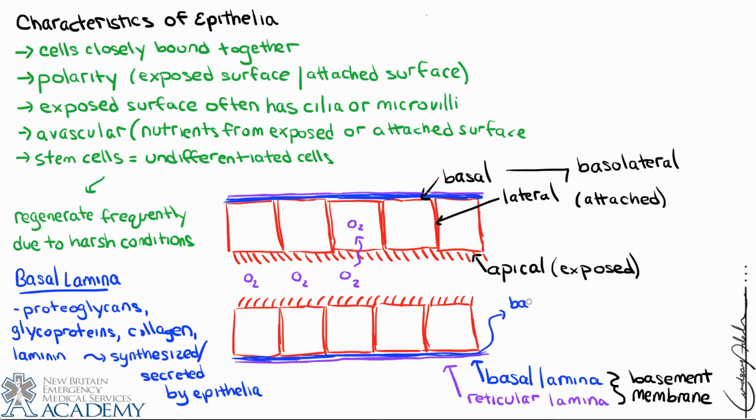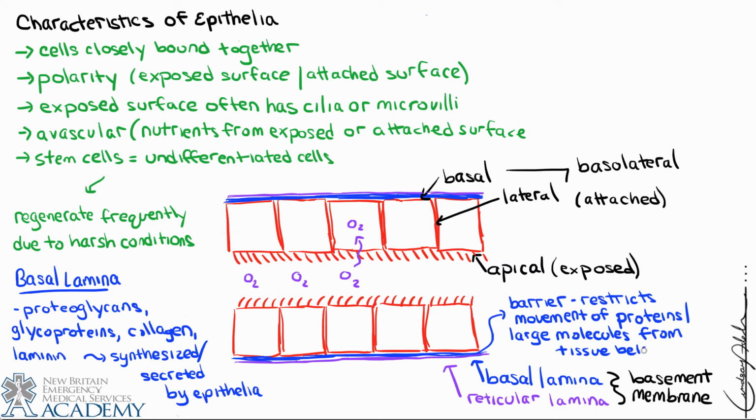So the basal lamina basically functions as a barrier. It restricts the movement of proteins and large molecules from tissues that are below or deeper. We know that the apical surface of the epithelia is going to be touching something that is technically outside of the body, like the inside of the GI tract, or the inside of the respiratory tract, or even the skin. But deeper than the basal surface, we have to have other types of tissues that are present, and we're going to get into what other tissues might be there and why they're there.